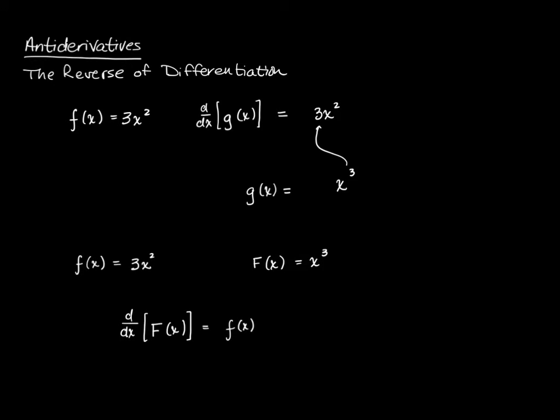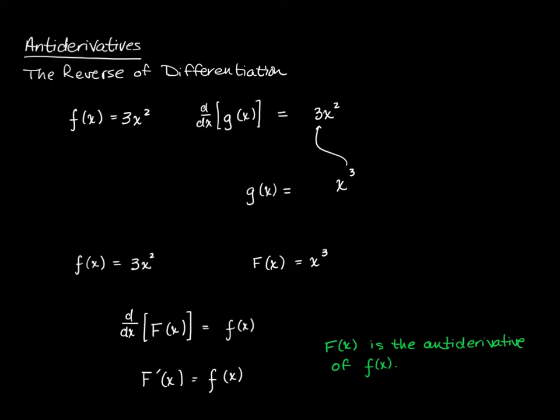And in some textbooks, you'll simply see capital F prime. The derivative of capital F is little f of x. When two functions have this kind of relationship, we say that big F of x is the antiderivative of little f of x.